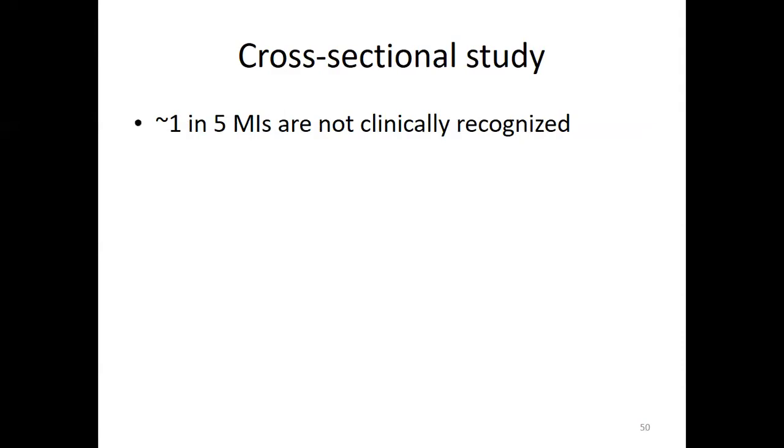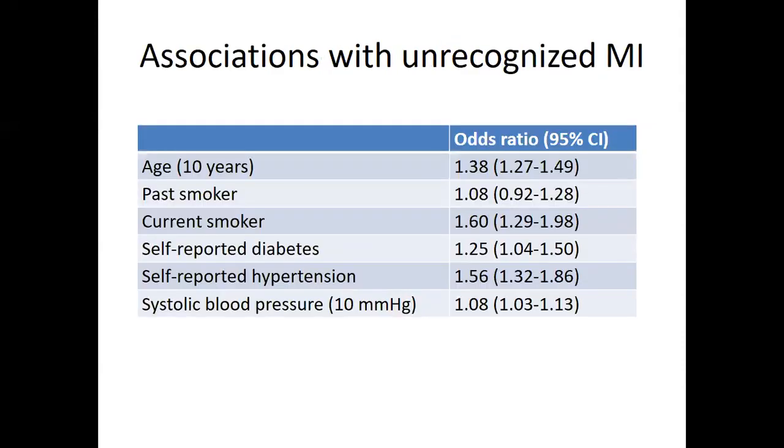You think classically people wind up in the ED with crushing chest pain, but it turns out that about 20% of MIs are not clinically recognized, which is surprising. So we were looking at people who had told us they had no history of heart disease, but when we looked at an electrocardiogram, they had a Q wave.